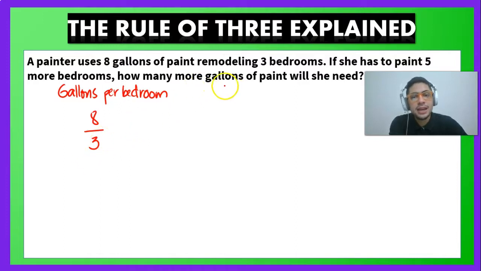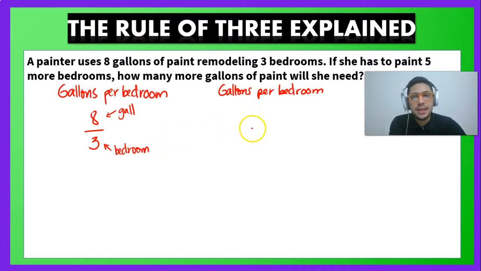And now on the right, we're going to also put the gallons per bedroom, but in this case, we have some value that we do not know. So again, it says if she has to paint 5 more bedrooms, how many more gallons of paint will she need? Here you can see that gallons is going to be in the numerator and then the amount of bedrooms is in the denominator.